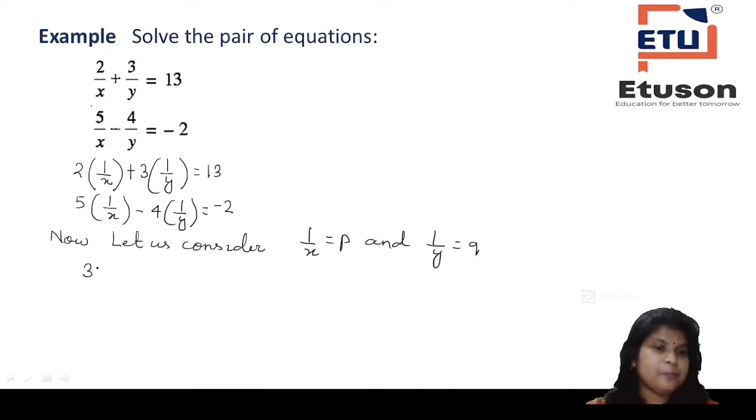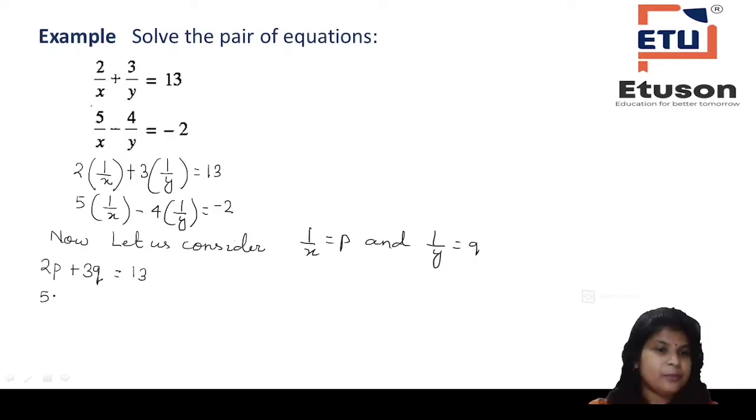Then what will be your pair of linear equations? Let us write it down. It is 2p plus 3q is equal to 13. Correct or not? So this will be your first equation. Similarly, what will be your second equation?